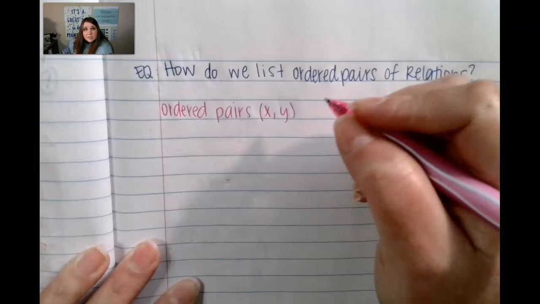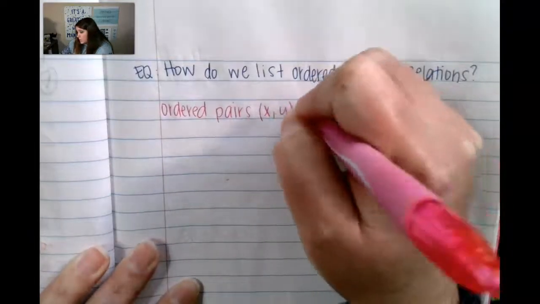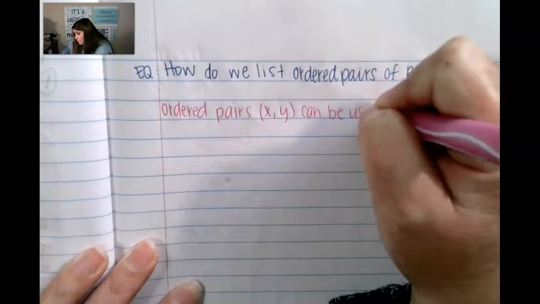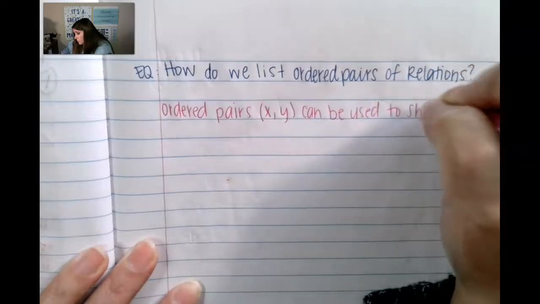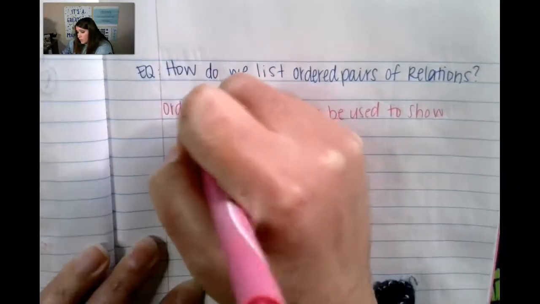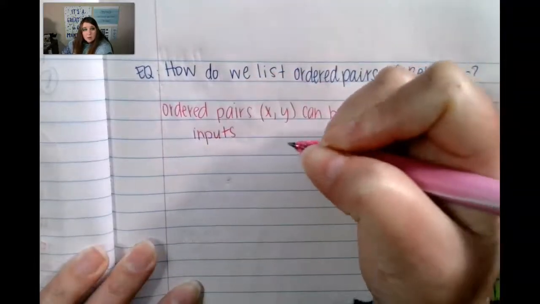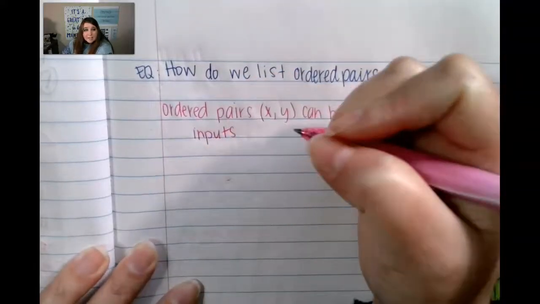Ordered pairs x and y can be used to show inputs, meaning using substitution to solve or to find an answer.